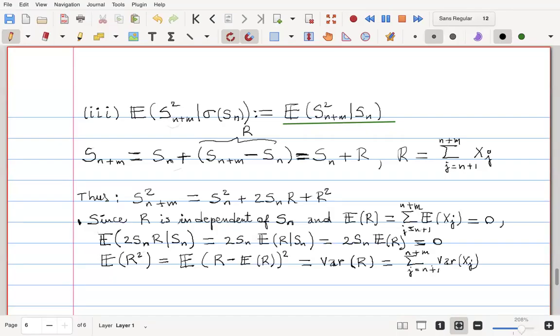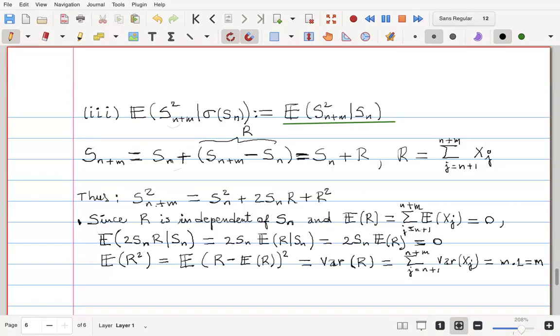The total number of terms is m, because we start from n plus 1 up to n plus m, so it's as if we are summing from 1 to m. So this will be m times the variance of X_j. But they all have the same variance, which is 1. So this is m times 1, which is m. So the variance of R is m, right?